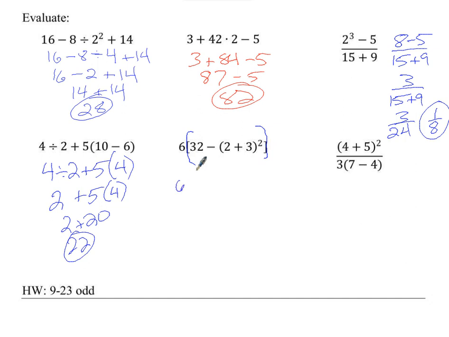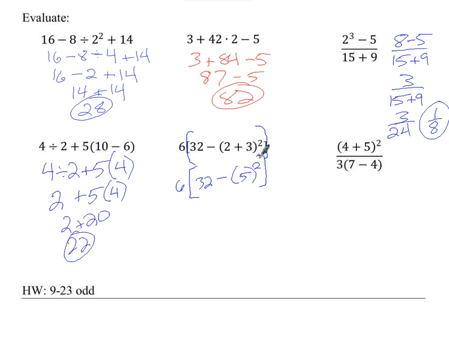I have 6 bracket 32 minus, in parentheses, 5 squared bracket. Okay? Now we're still living within this grouping symbol. We took care of the grouping symbol within that group, right? We took care of this.